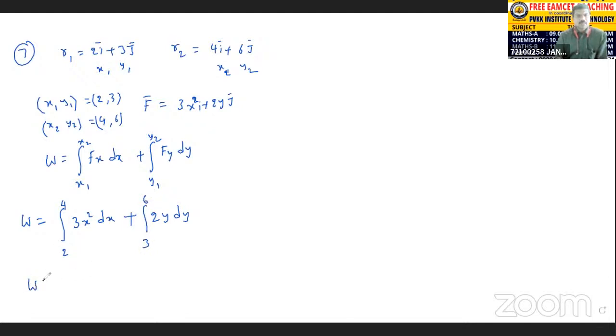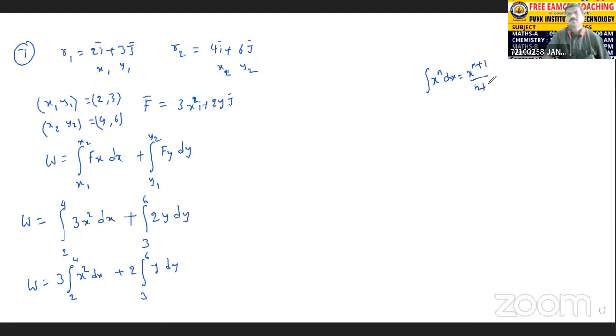W is equal to, we know that integrations, so 3 into the integration of x squared dx with the limit 2 to 4, plus 2 into the integration of y dy with the limit 3 to 6. We know the formula: the integration of x power n dx is equal to x power n plus 1 by n plus 1.